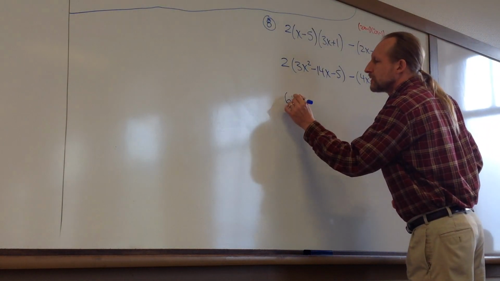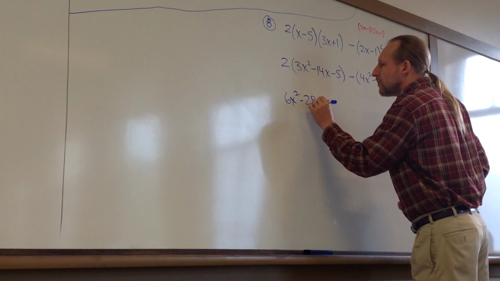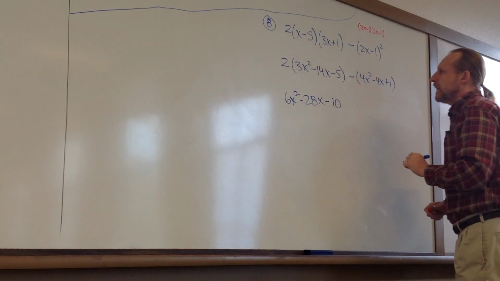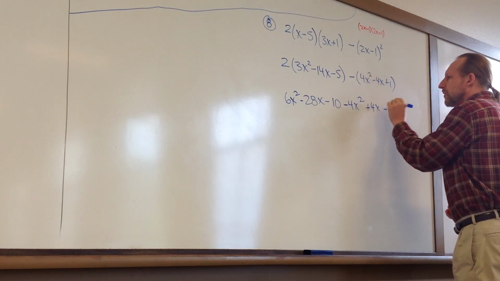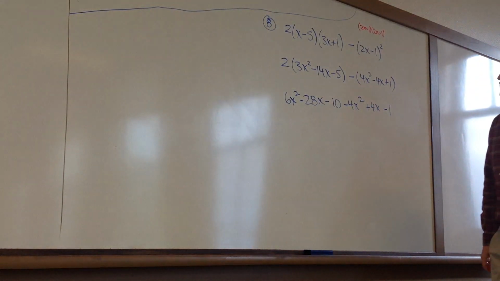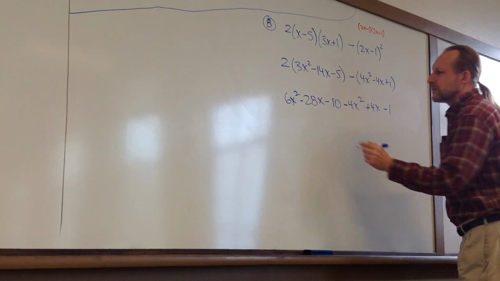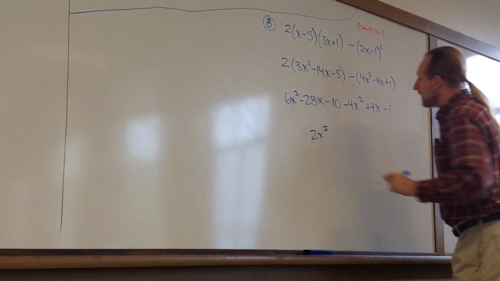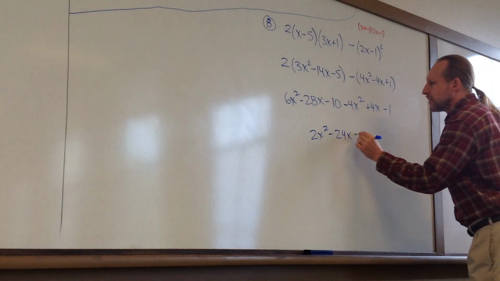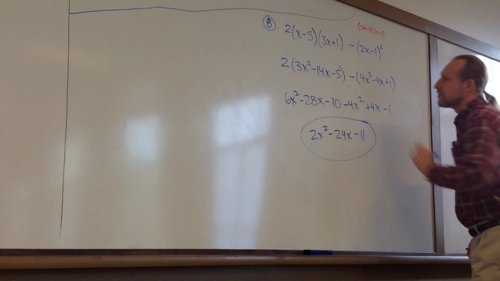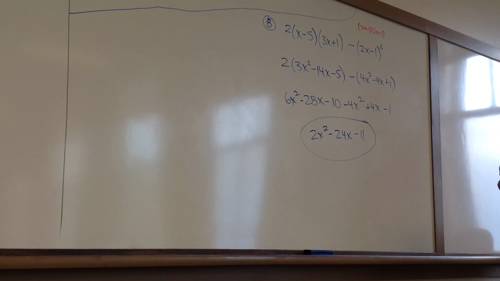So this will be 6x squared minus 28x minus 10, and then minus 4x squared plus 4x minus 1. So let's see here. That'll leave us with 2x squared, and then minus 24x minus 11. And so there's the simplified form for problem 8.